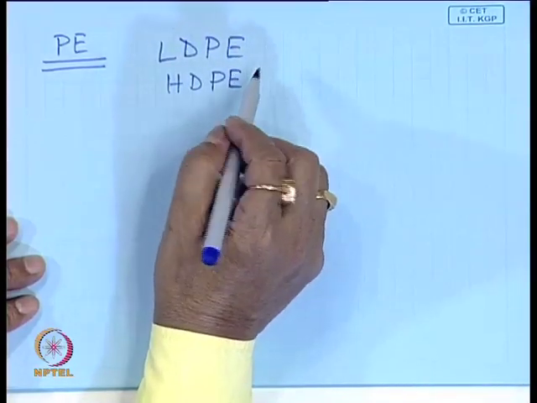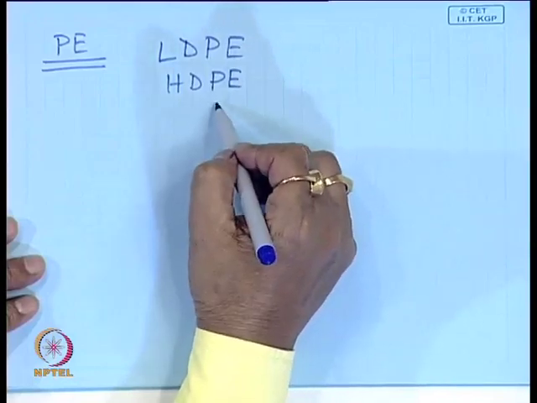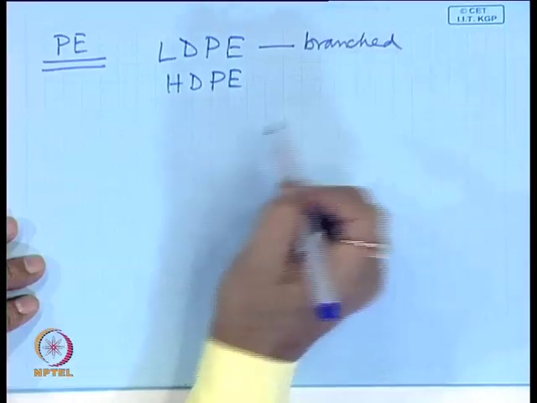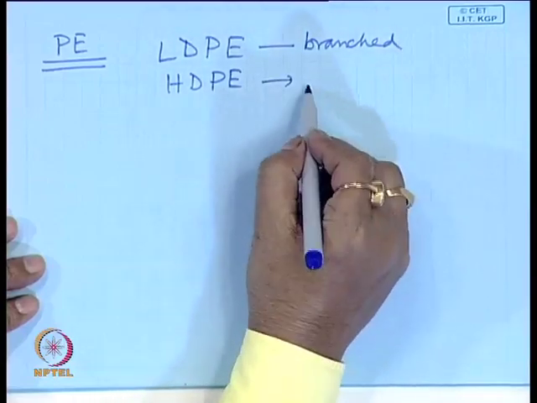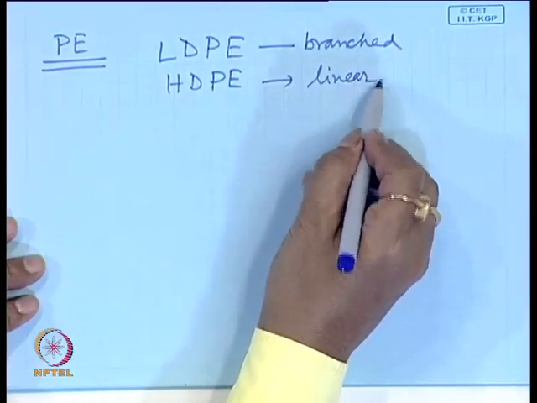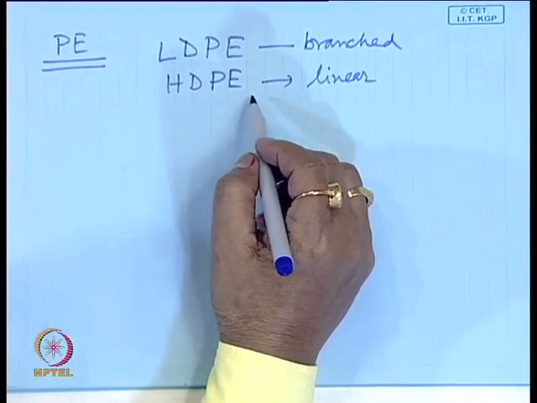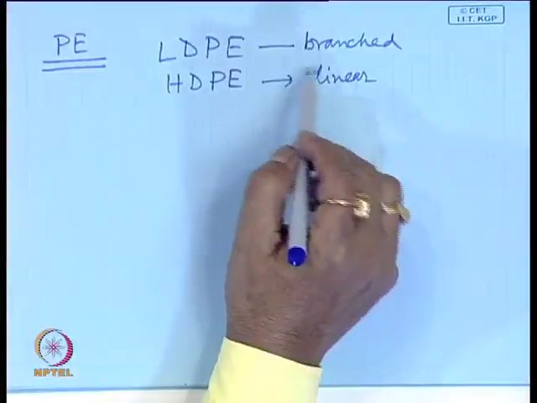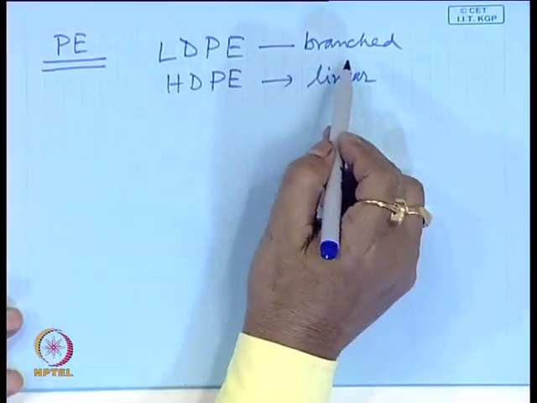The low density one is a branched polymer, the high density one is a linear polymer. There may be very short branches, but in general we can say that LDPE is branched.